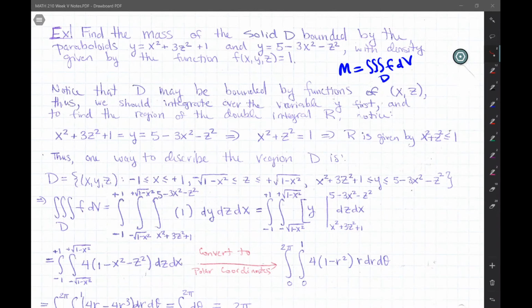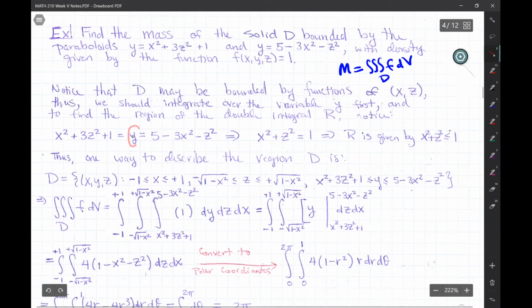Thus, to find R, we'll set these two expressions equal to each other and see where the two surfaces intersect. And solving this equation, we'll get x squared plus z squared equals 1, which means that the region is given by the disk x squared plus z squared is less than or equal to 1.